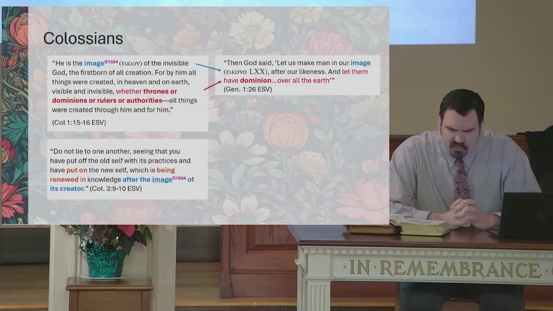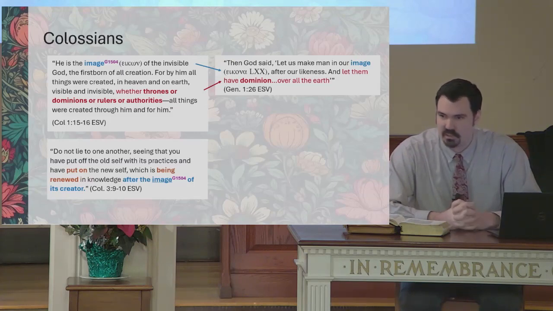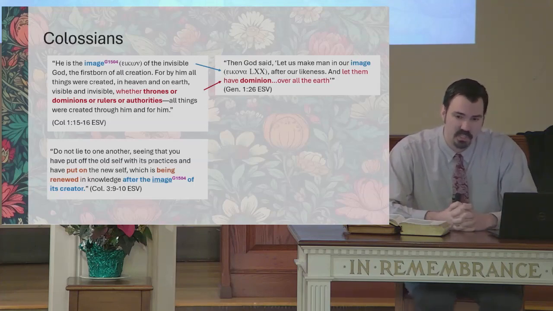When it says in Colossians chapter 1, what we just looked at, it says by him all things were created. So it's saying that Jesus has a role in creation. Now we reject the idea that there was a pre-existing Christ back in the Genesis 1 period that helped God with the original creation.